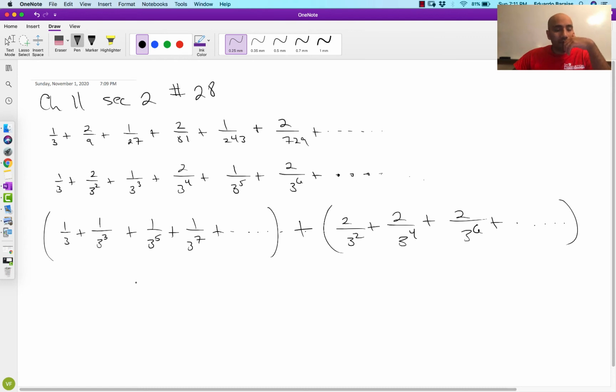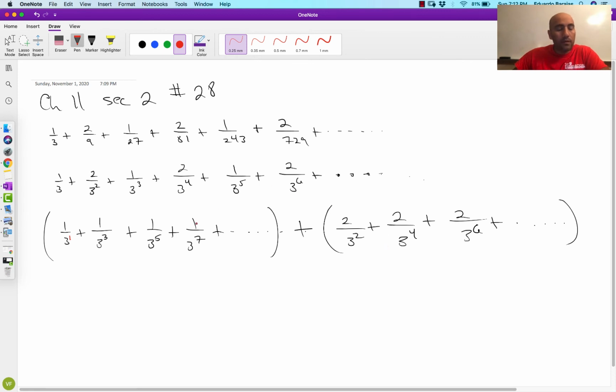Okay, so let's examine each one of these. So these have powers that are odd, 1, 3, 5, 7. And these are powers that are even, 2, 4, 6, 8.